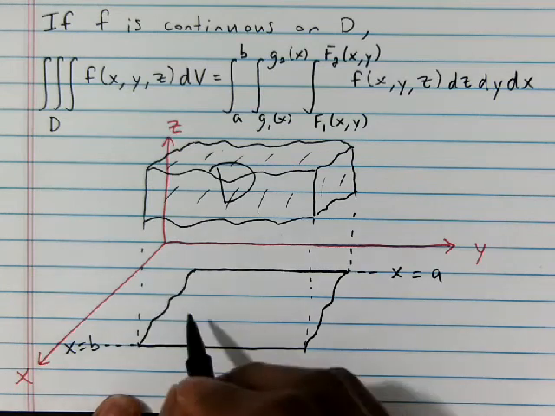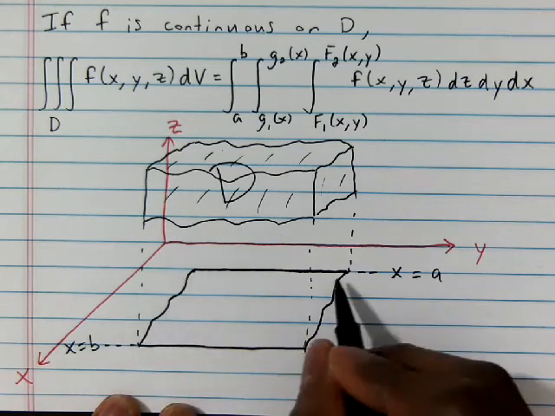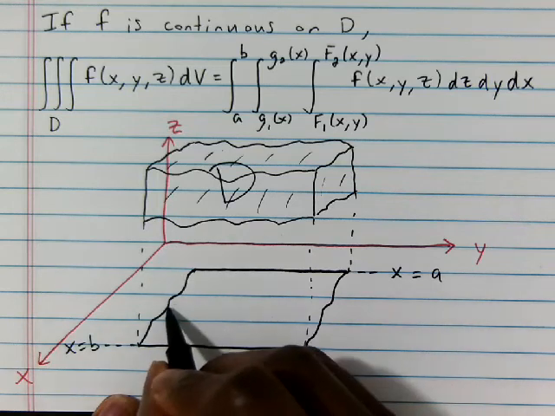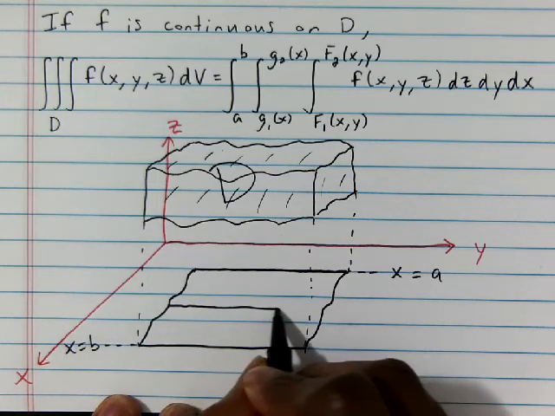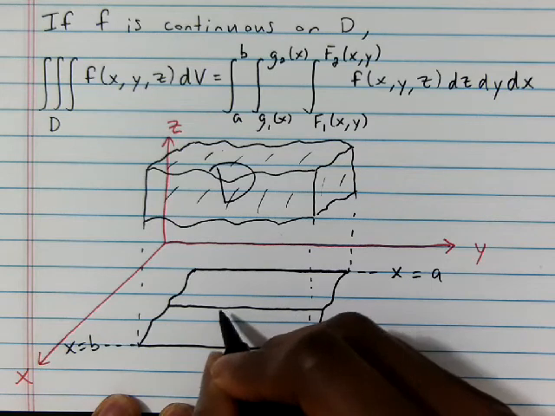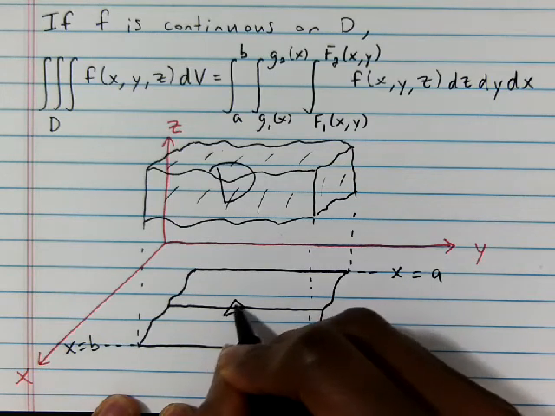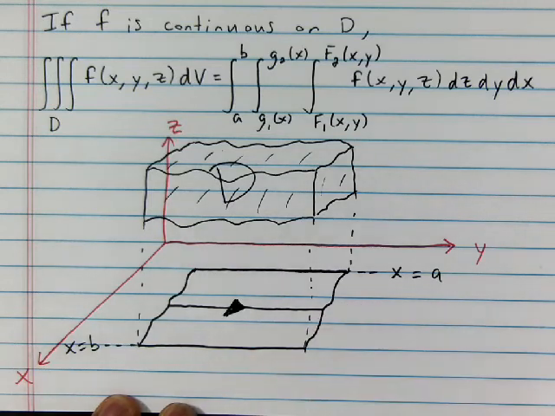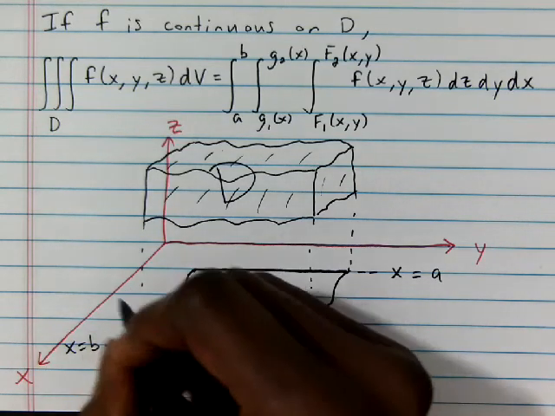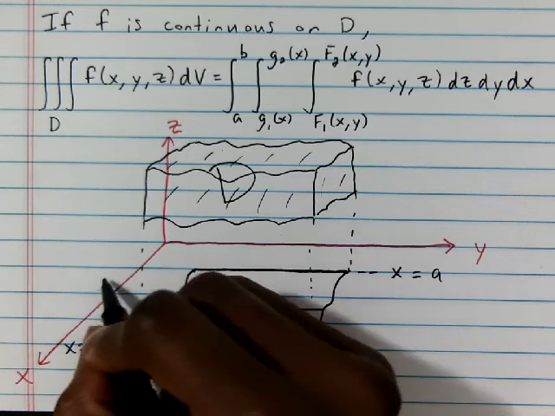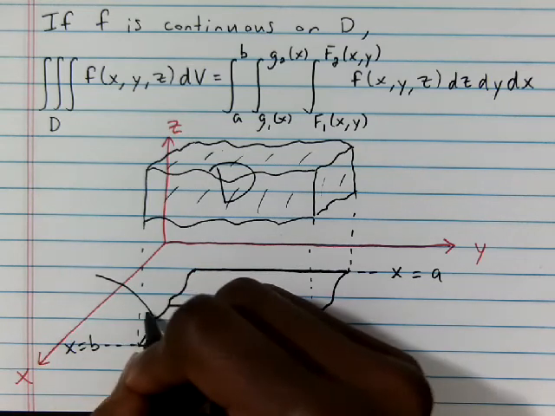So now notice this goes from function to function in the y direction. So we'll draw our arrow in there as we usually would. And the bottom function would be this curve right here.